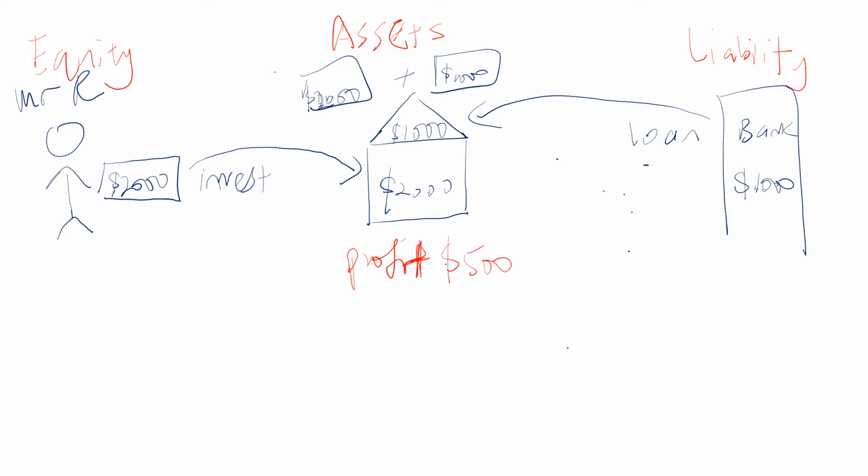So this profit will then have to go to Mr. R, not to the bank, because bank typically earns the interest component, not the profit. So profit goes to Mr. R because he's the person who invests the money into the business. And how is profit calculated? It's basically made up of income minus your expenses.